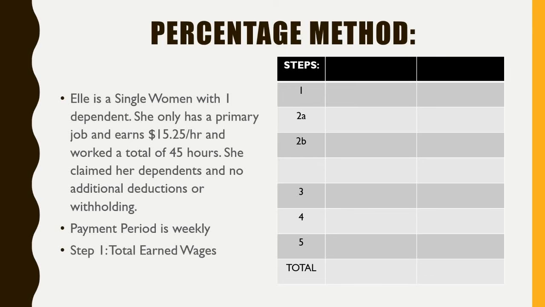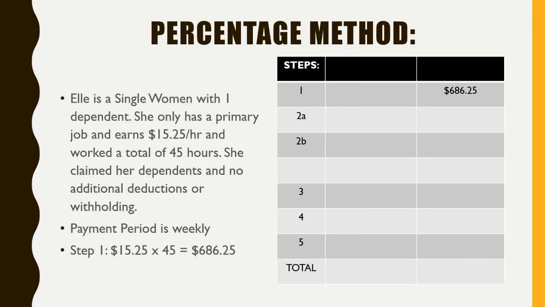in this case, we had a person, Ellie, and this person is on a weekly schedule that earns $15.25 an hour and worked 45 hours. So far, we figured out how much her gross earnings were, plus all the income, minus all the deductions.